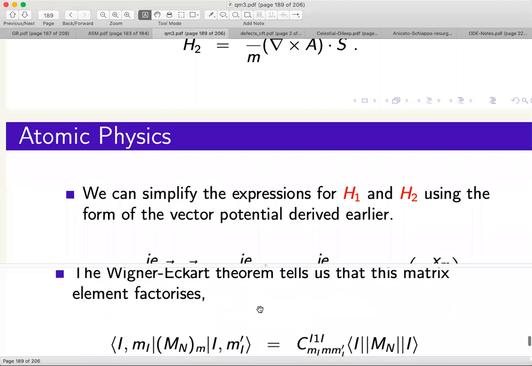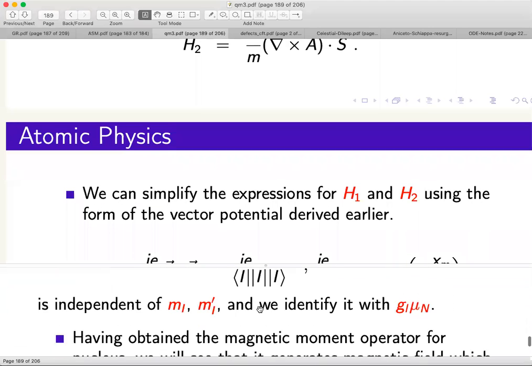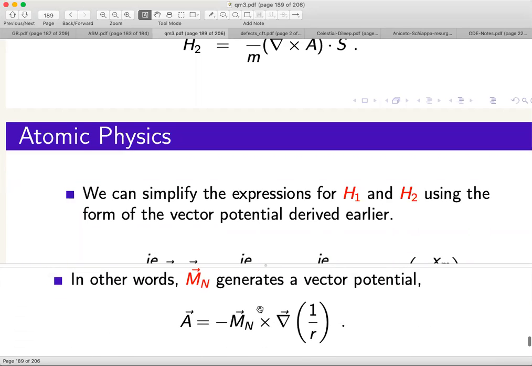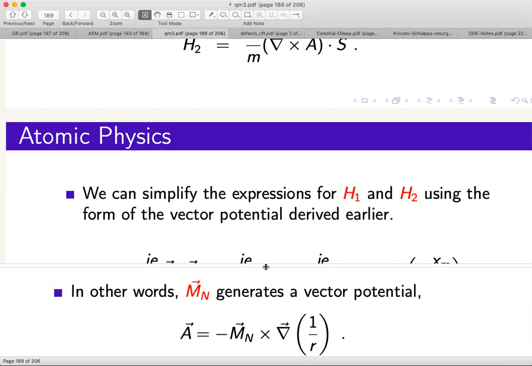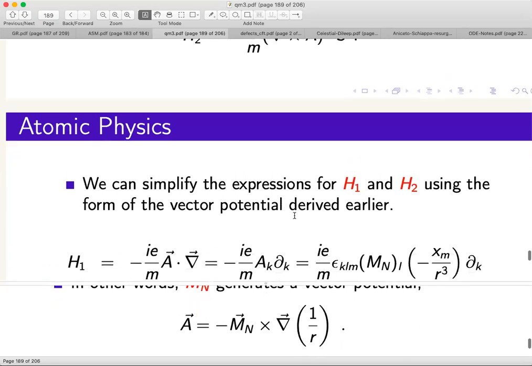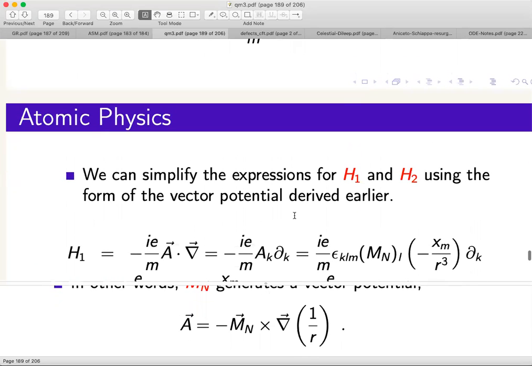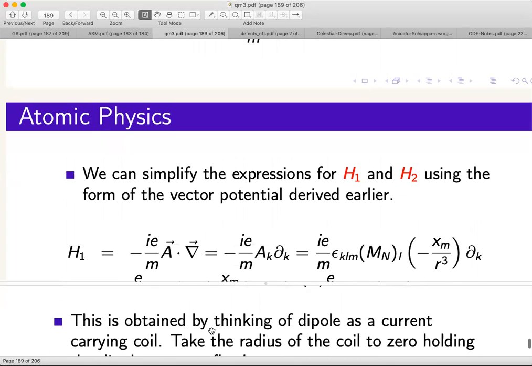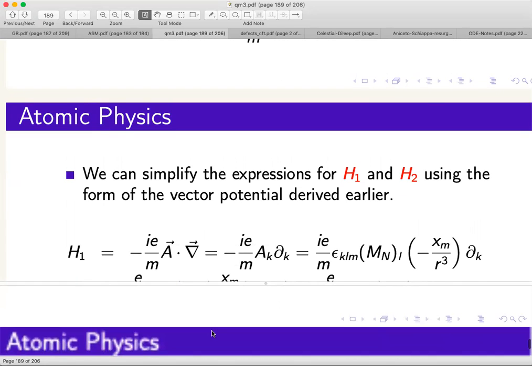Okay, here's the thing. So what we do is we write down A_k, maybe I've written it down in component form also. Just hold on.